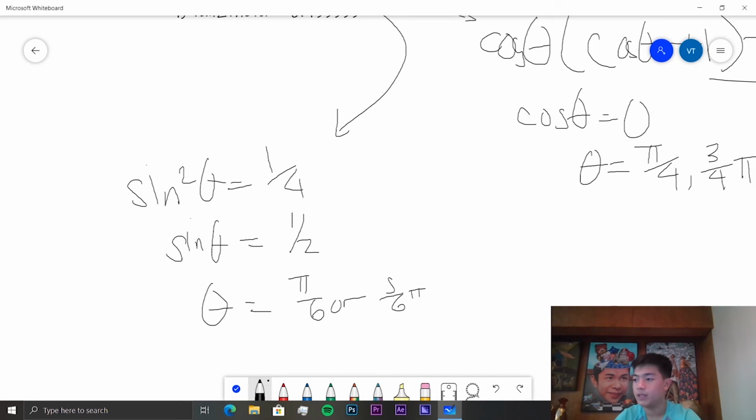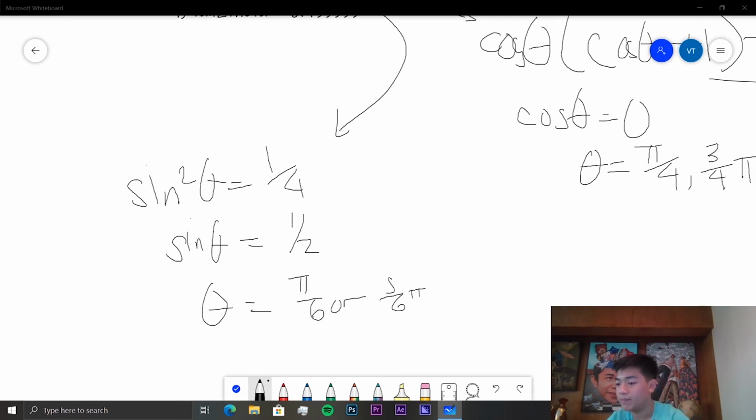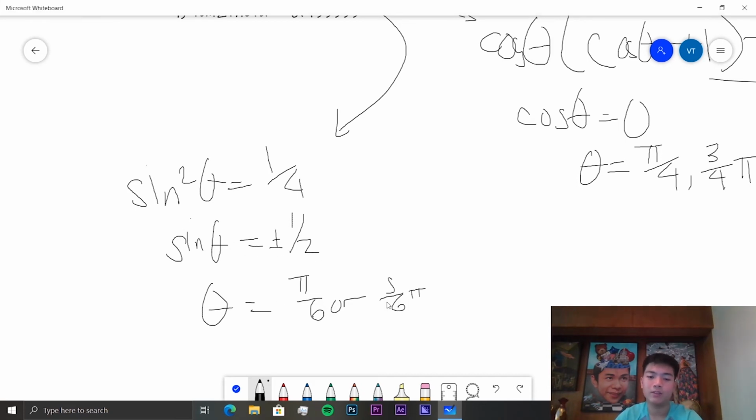So those would be the two cases for that. Actually, hold on. No, sorry. Sine theta is equal to plus or minus 1/2. So this would actually also include 7 over 6 pi and 11 over 6 pi.